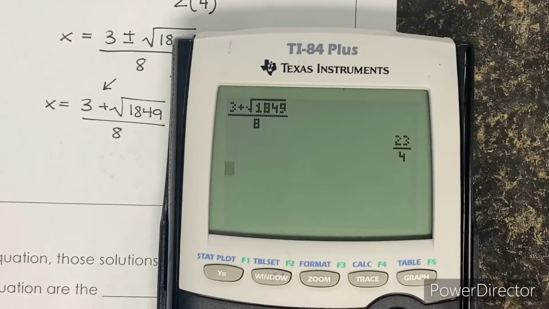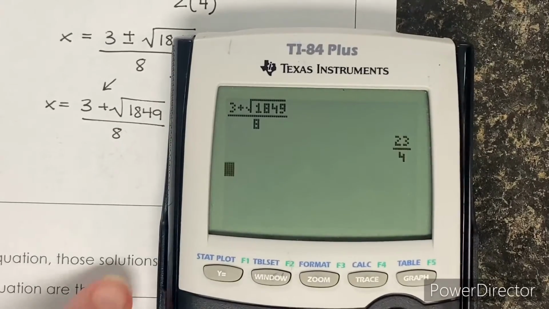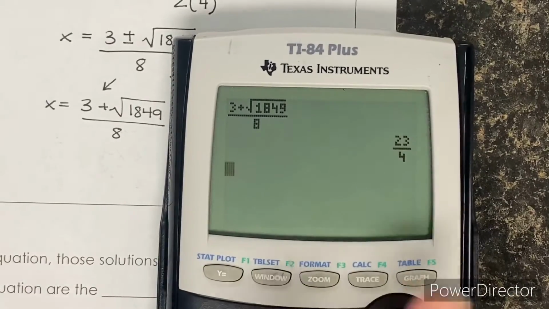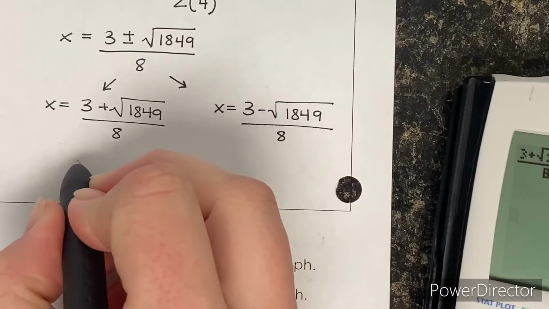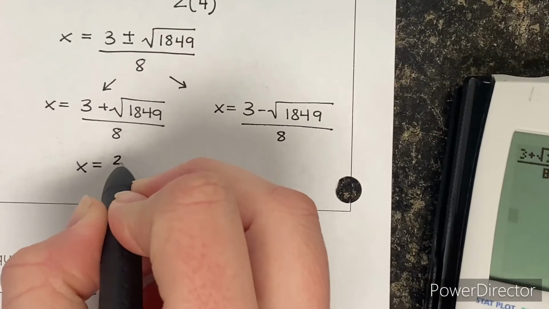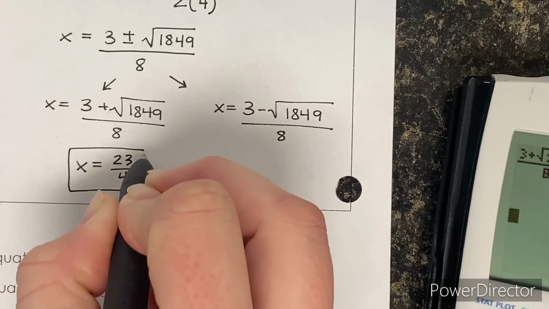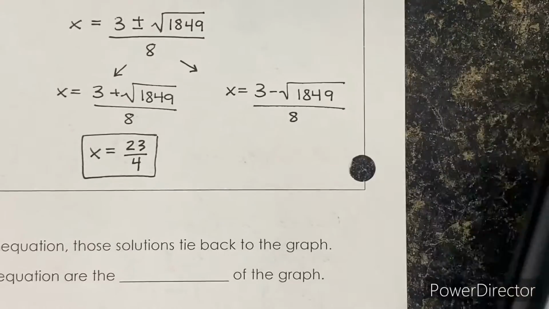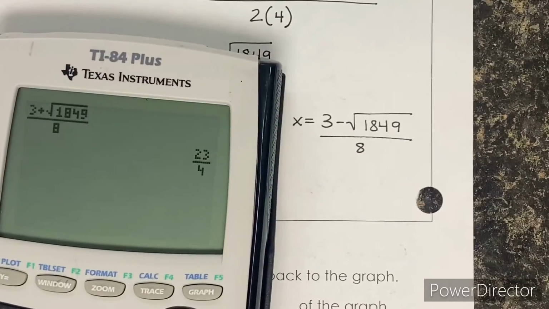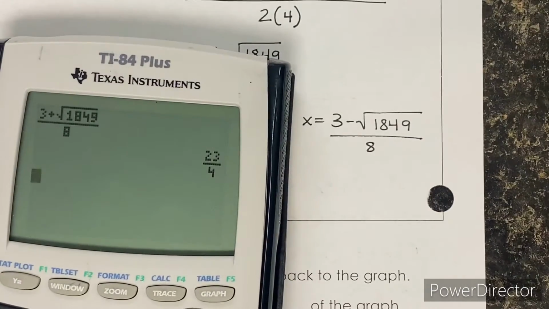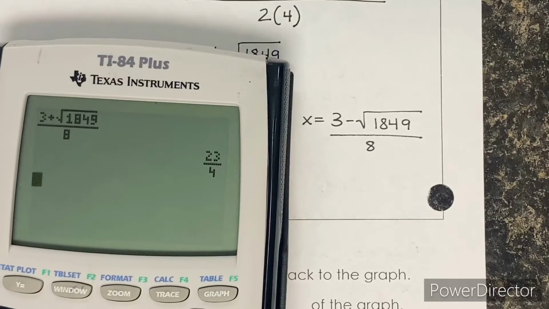And remember, it is okay to get fractions, so because I've got 23 over 4 right there, that's totally fine. That's how I'm going to leave my answer. So x equals 23 over 4 for this one. And now I'm going to do the same thing for the other one. Okay?